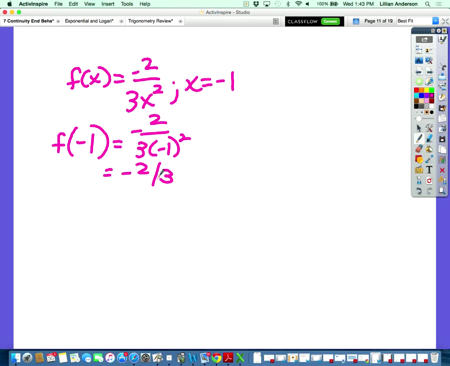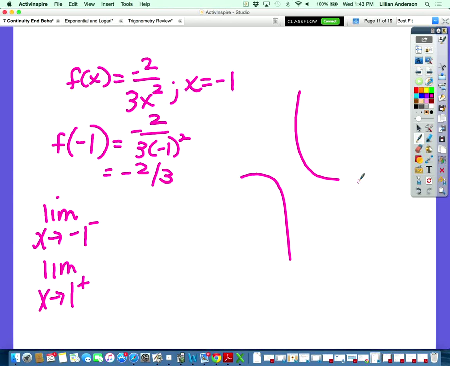Okay? Now the next two say to look at the function when I'm coming from the left and from the right. And for those who were not here yesterday, this looks like some type of curve, okay? Some type of reciprocal function. Okay? And specifically, I'm trying to figure out when x is -1. What y value am I approaching?